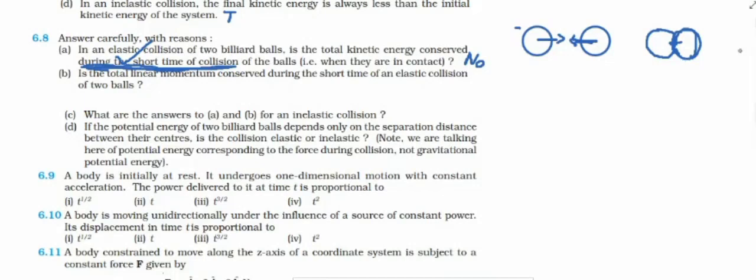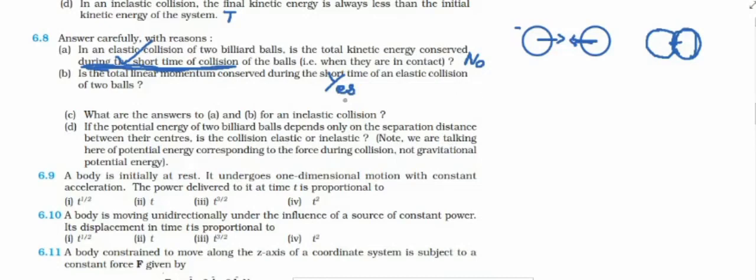But during the collision, due to the small deformation of the shape of the ball, momentarily their kinetic energy is converted to potential energy, so it is not conserved during the collision. Then come to part B: is the total linear momentum conserved during the short time of elastic collision? Whatever the case, momentum is always conserved, because this kind of change in shape has no influence on momentum.